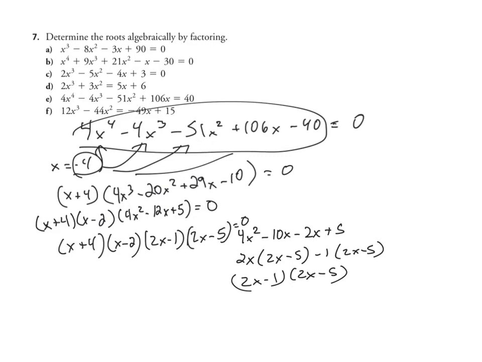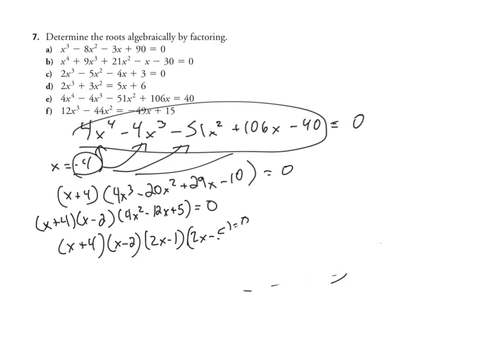And that equals 0. And so, let's get this out of the way. x equals negative 4, positive 2, 1/2, or 5 halves.